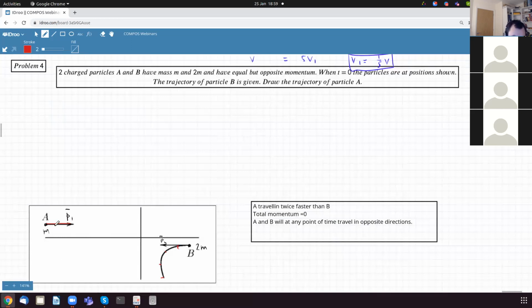So we'll start to curve 1, 2, 3, 4. So at this moment in time, it's traveling like this.